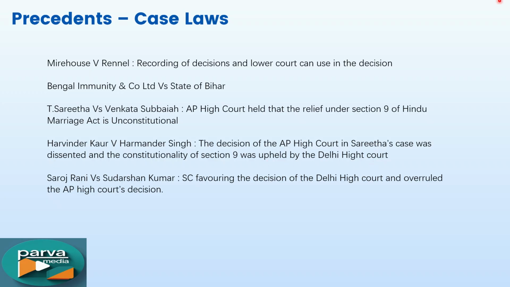These cases illustrate how precedent evolved through judicial interpretation, dissent, and eventual resolution by the higher courts. They also highlight the dynamic tensions between personal rights and social norms in Indian jurisprudence.